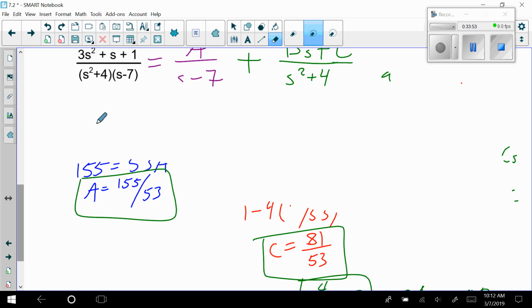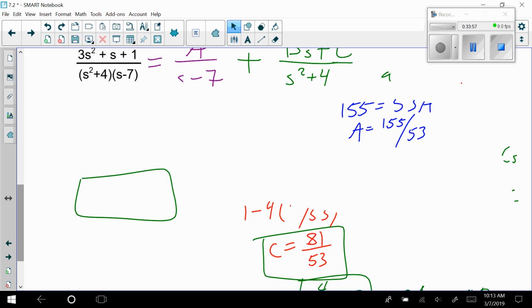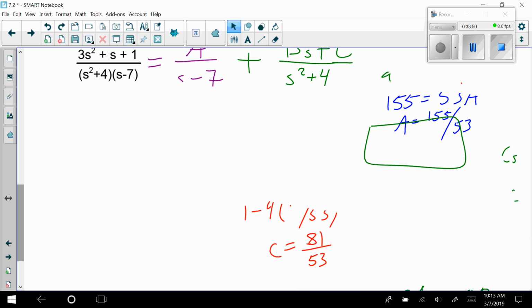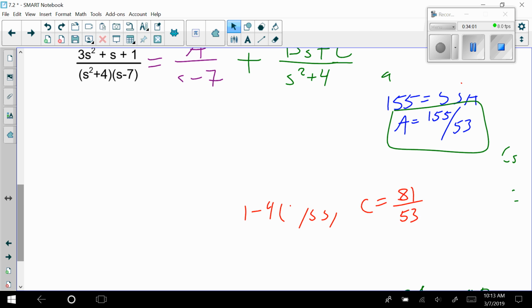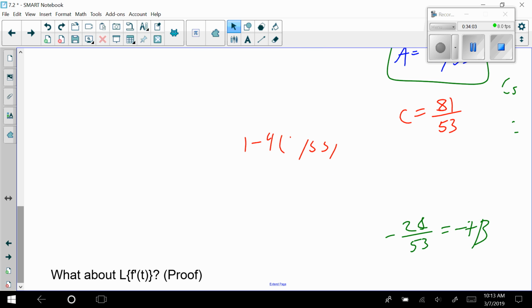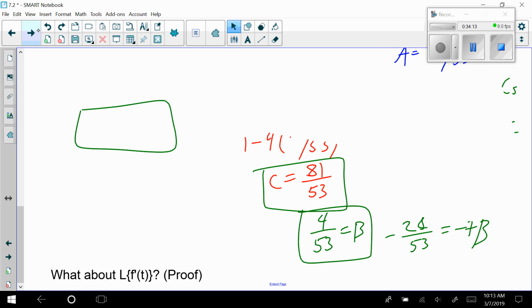I'm going to try not to get rid of all the work I just did. I want my numbers, right? I need my numbers here. Seems that I'm struggling here with my board.